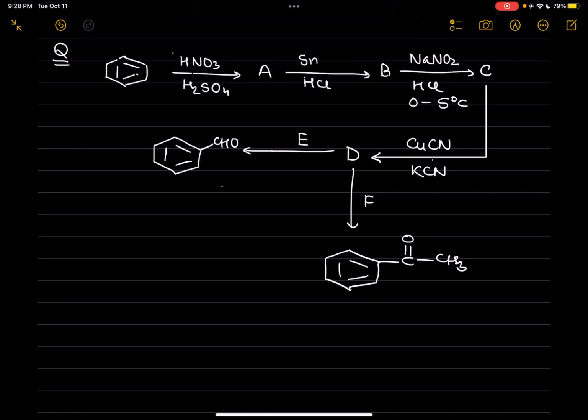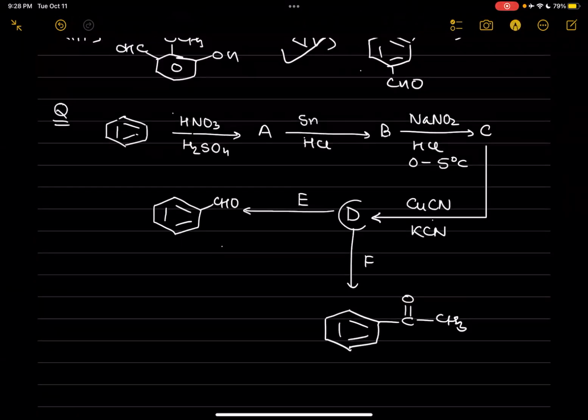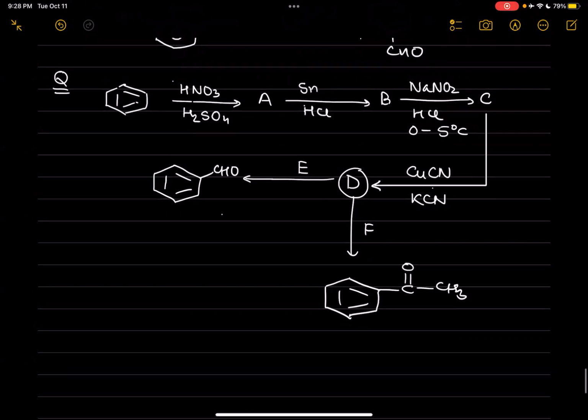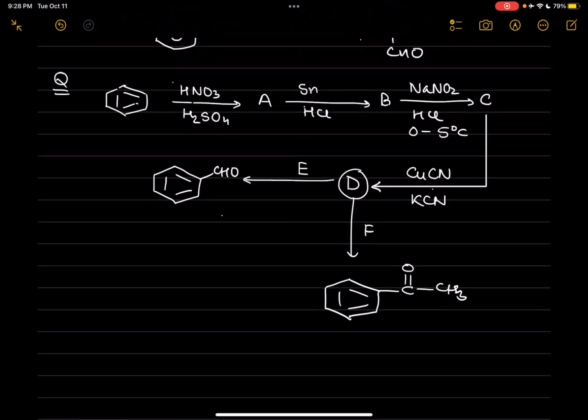Yeah, Nabil. Sir, in D, it will replace the diazo group with the cyanide group. Yeah. Correct. So what's going to be the IUPAC name?